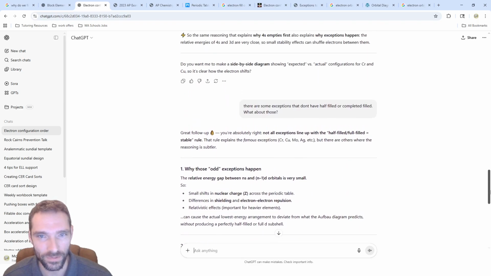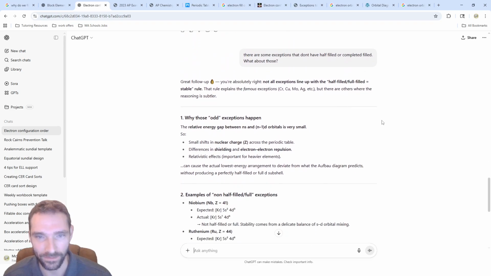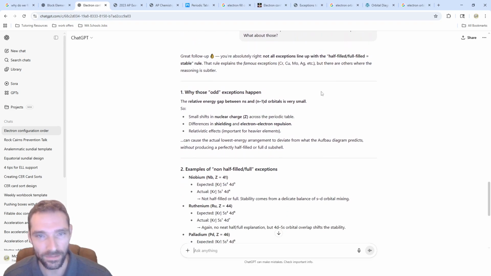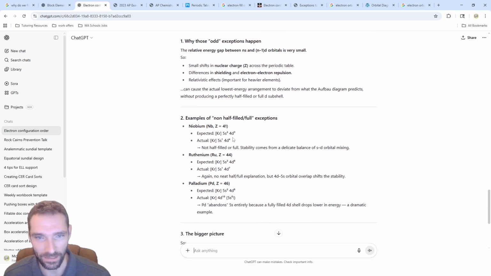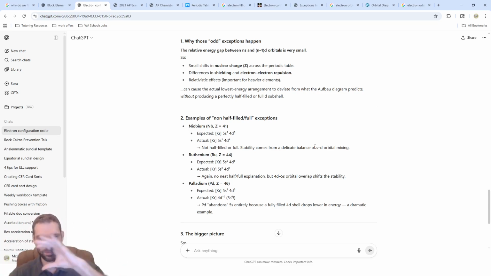So for the exceptions where we don't have a half filled or a fully filled shell, essentially you're spreading out the electrons a little bit better in doing these weird configurations. So there's a balance between s and d orbitals. You can think of s as a sphere, so if you can put electrons just in that sphere, they kind of balance themselves out anyways.